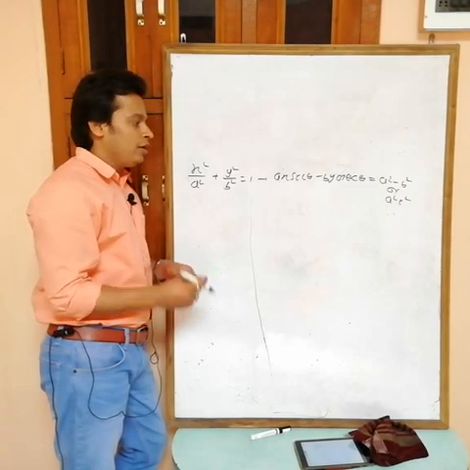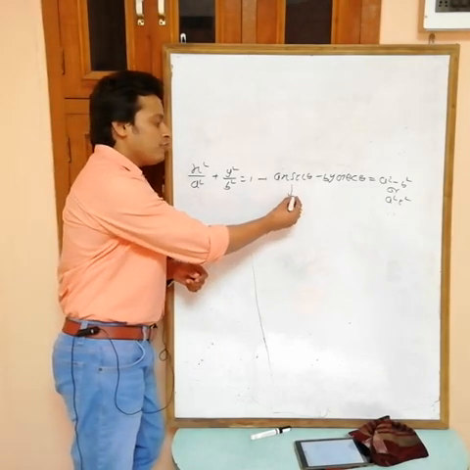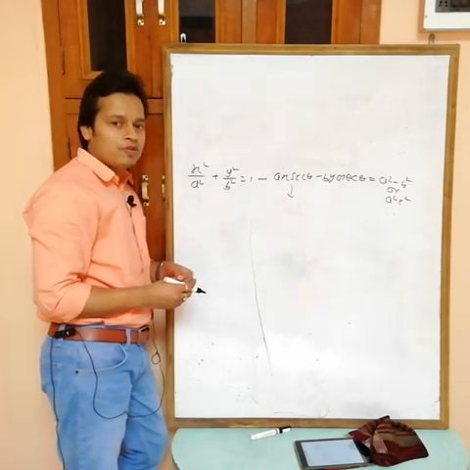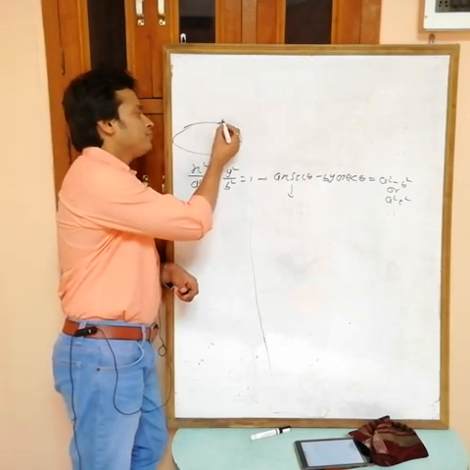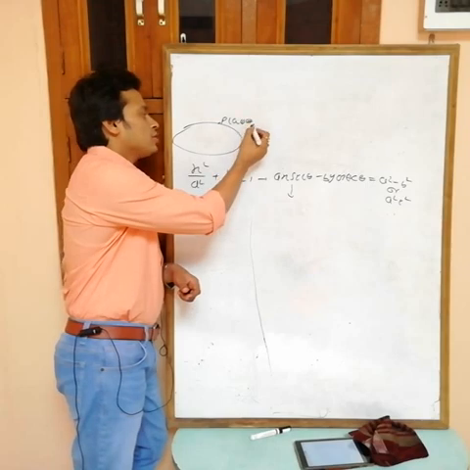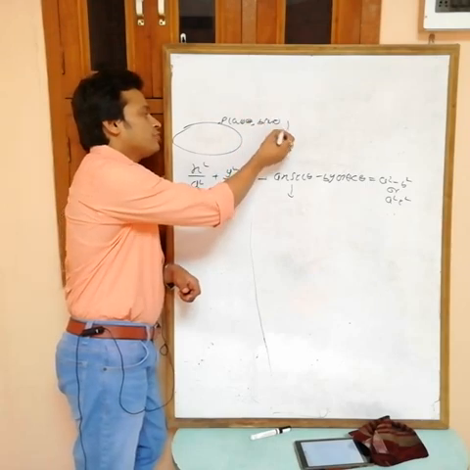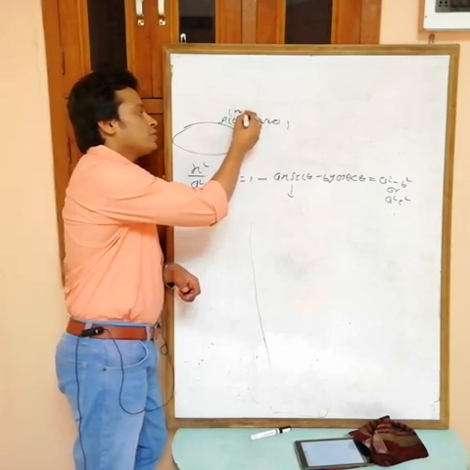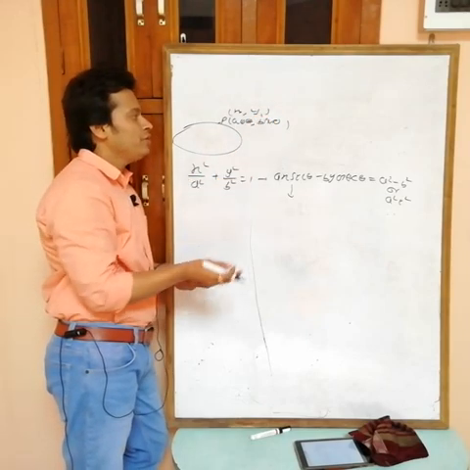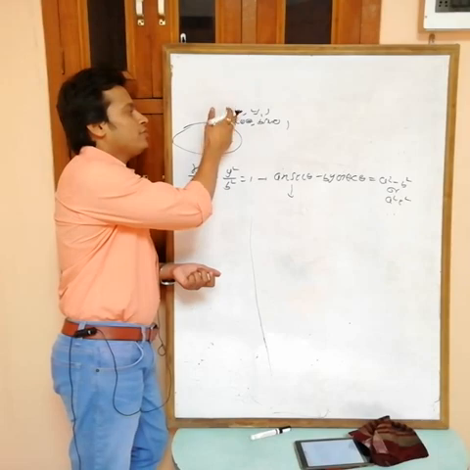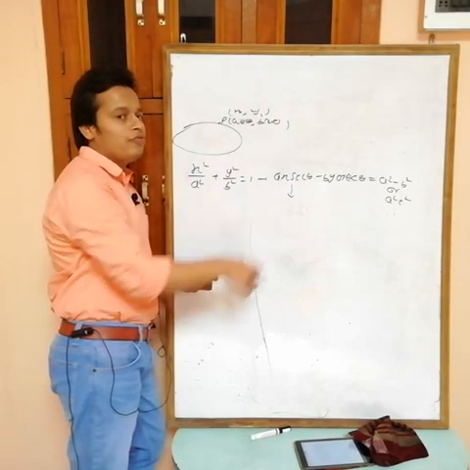If you want to write this equation of normal in terms of x1 comma y1, suppose the point P on the ellipse is a cos theta comma b sin theta, and this point is given as x1 comma y1. Then replace a cos theta with x1 and b sin theta with y1.